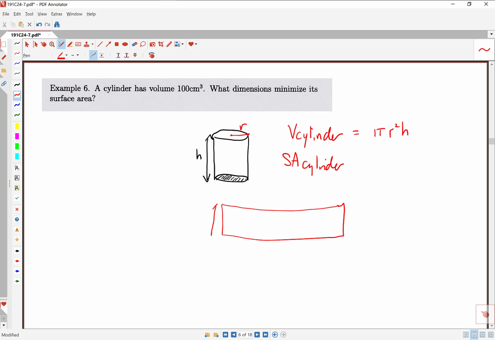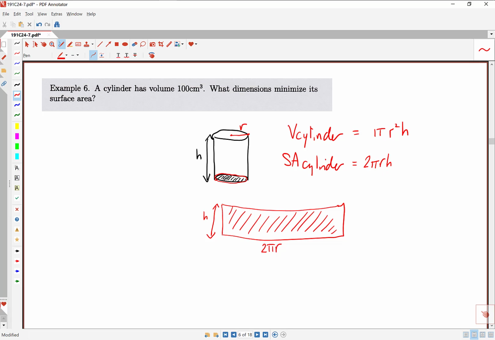So the dimensions of that rectangle, you would have h from the height. And if you actually unfolded your label and you're thinking, how long is this rectangle going to be? Well, it's actually going to be as long as the circumference of that circle. So it'd be 2 pi r. So if we think about that label then, that label has area 2 pi r times h.